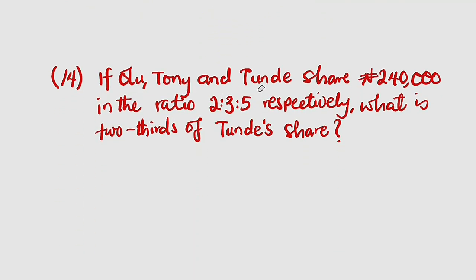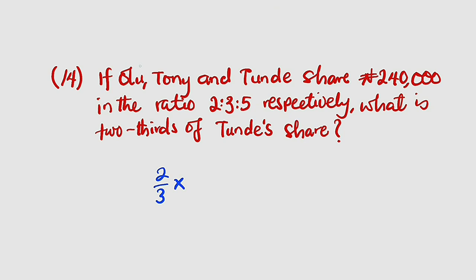Question number 14. If Olu, Tony and Tunde share 240,000 naira in the ratio 2 to 3 to 5 respectively, what is the 2/3 of Tunde's share? What is 2/3? 2/3 means 2 divided by 3. Of is multiplication. Then we need to find Tunde's share.